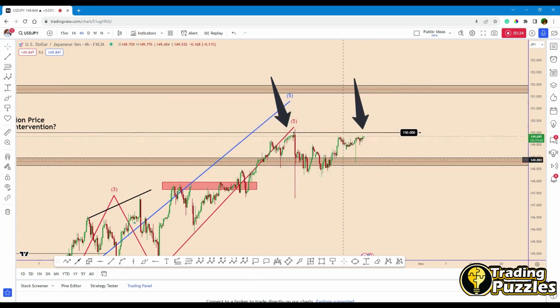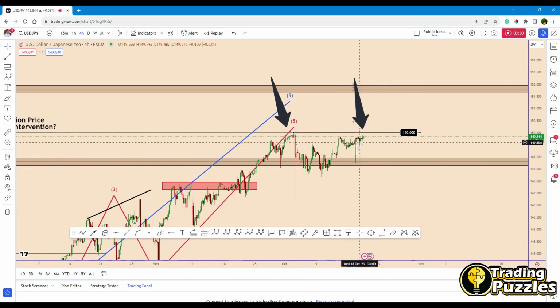If we are going to look also at this candle here, during October 17th, so it was yesterday during midday, we may see another strong price reaction.